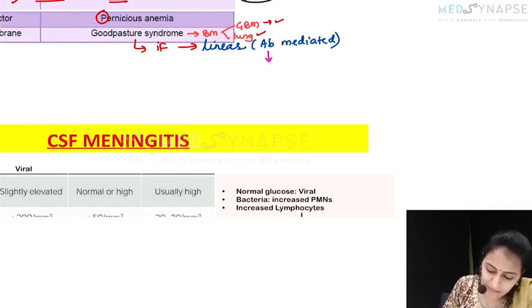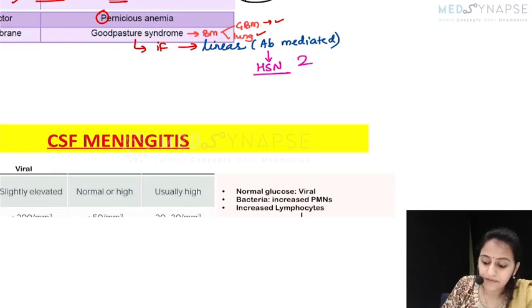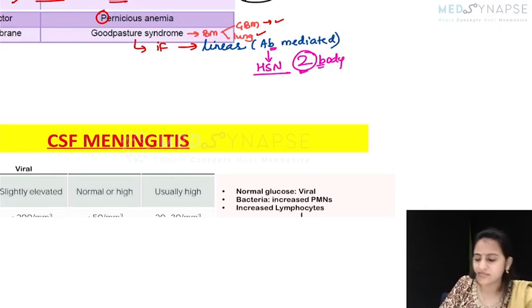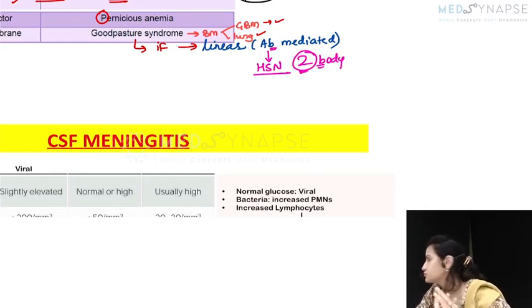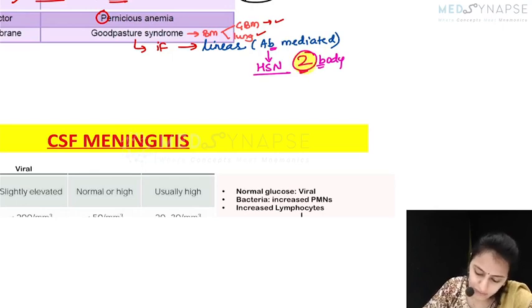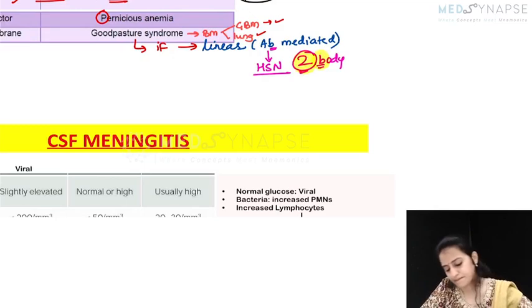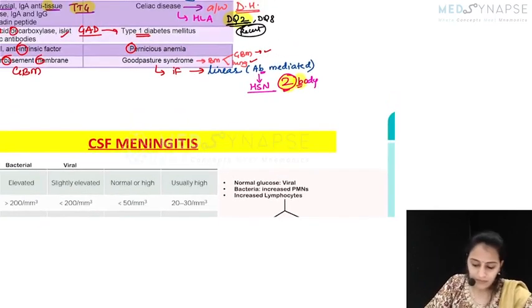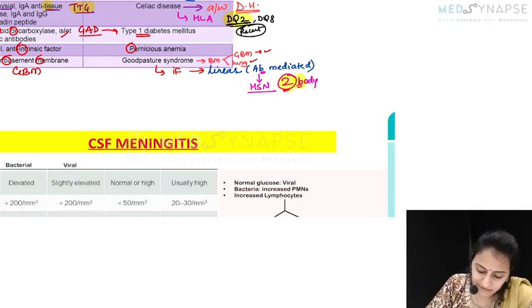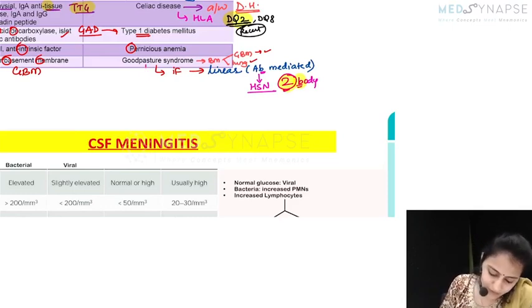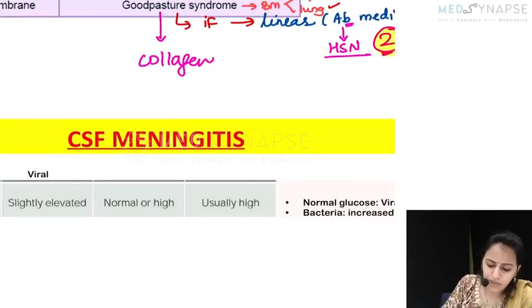If it is antibody mediated, this is what hypersensitivity? Type 2. Antibody, the B is the 2. Antibody is type 2. So this is affecting what type of collagen? In Goodpasture's, what collagen do you have in the basement membrane? 4.